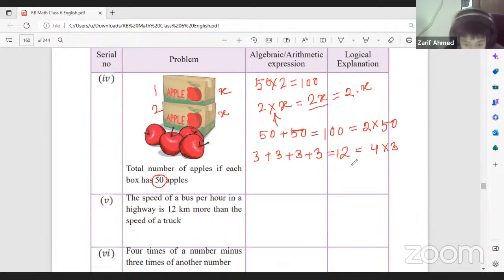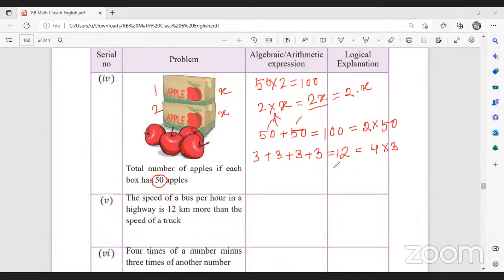We have a count of 50 here. How many 50s were there? 2 50s, right? So if you want to get the sum of these numbers, then we can multiply 2 with the individual number. How many 3s do we have there? 4 3s. So if you want to get the result of the sum, then we can multiply 4, I mean the count of the 3s, with 3, then we can get the sum, right?